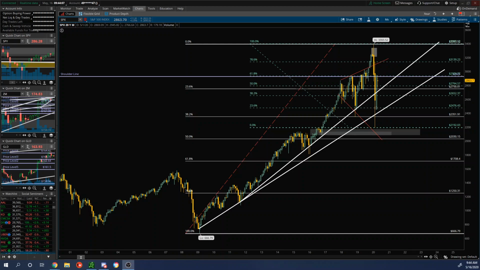We're going to start out looking at a kind of macro picture of the SPX here, just so we can get a good feel of where the market is at from a macro perspective.